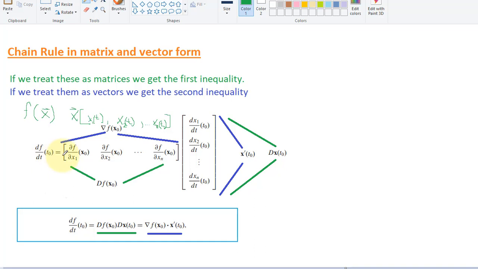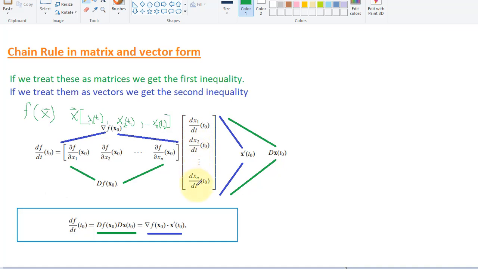So what did we say? We said that we would get the partial derivatives with respect to x1, x2, and xn, and then we could just matrix multiply that times this, which was the full derivative of x1 with respect to t, the full derivative of x2 with respect to t, and so on.